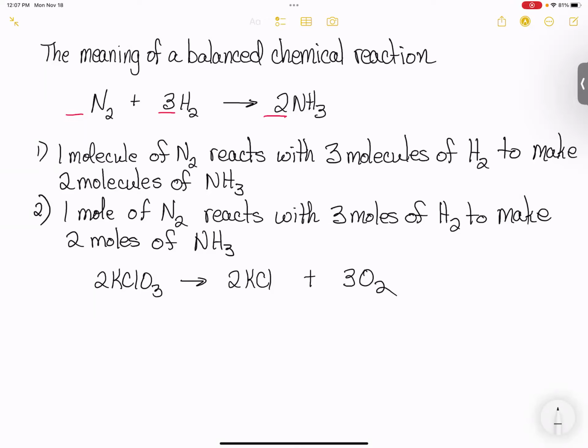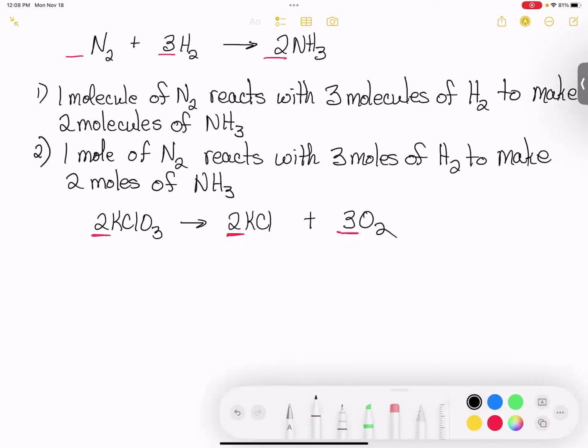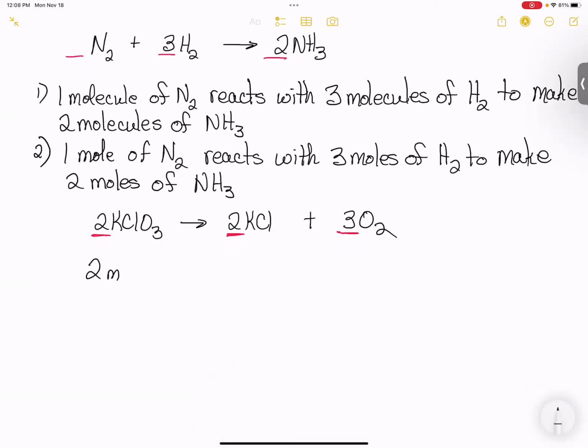So the next one, instead of me writing it out in word format, though I can, what you're going to see me write it out in most frequently is 2 mole KClO3 is to 2 mole KCl and 3 moles of O2.